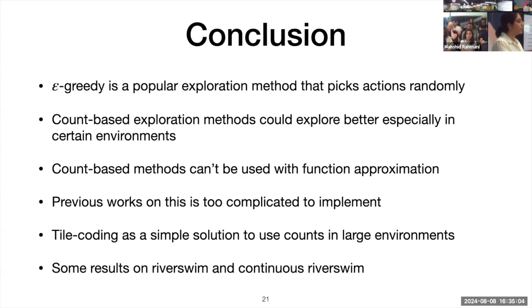There's been some previous work to remedy this, but a lot of it is complicated to implement. So maybe tile coding would be a simple solution to make count-based exploration work in large environments. And I showed some results on river swim and continuous river swim, which are promising, that tile coding can help.